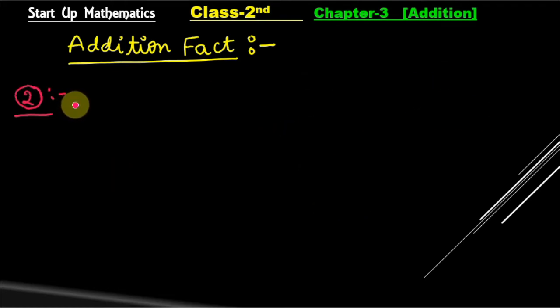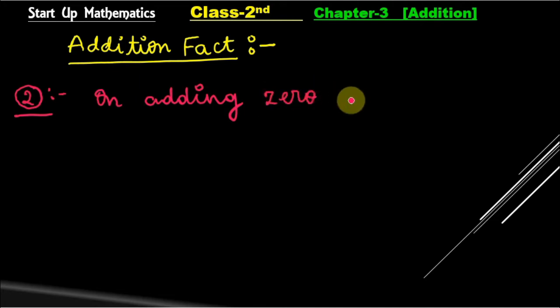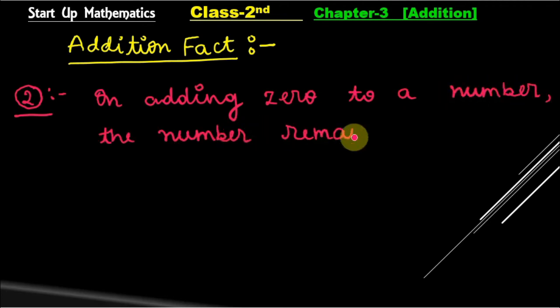The second addition fact is, on adding 0 to a number, the number remains unchanged.